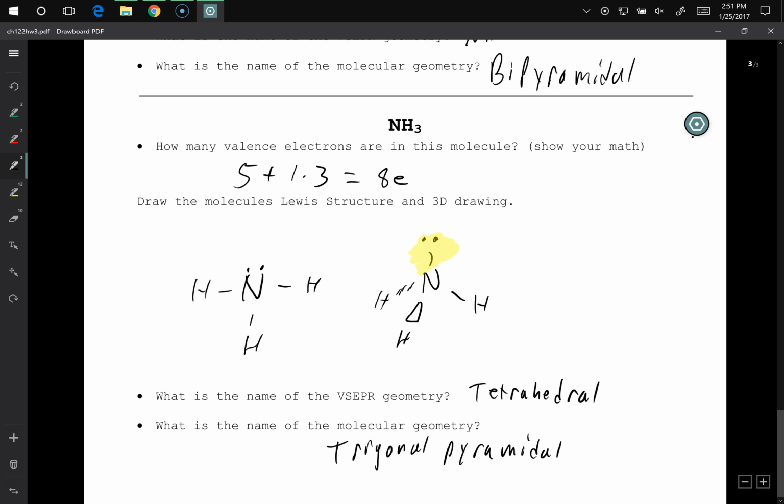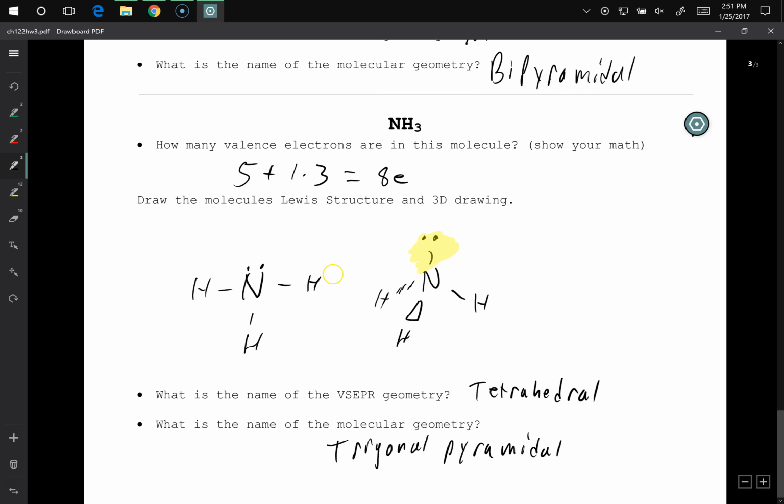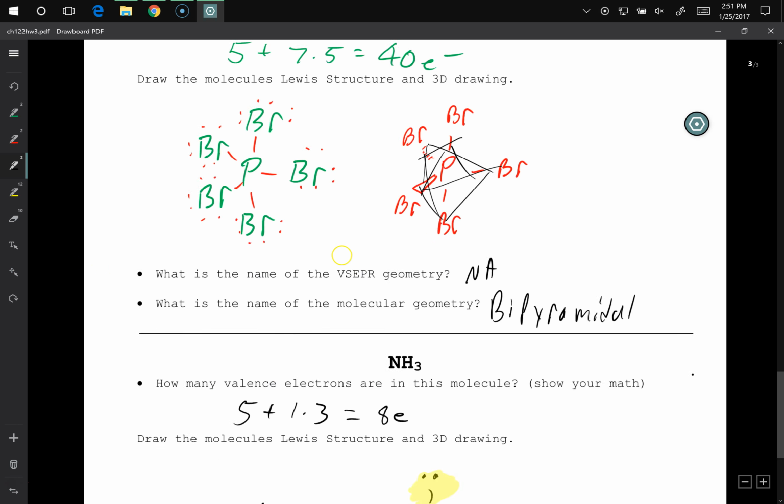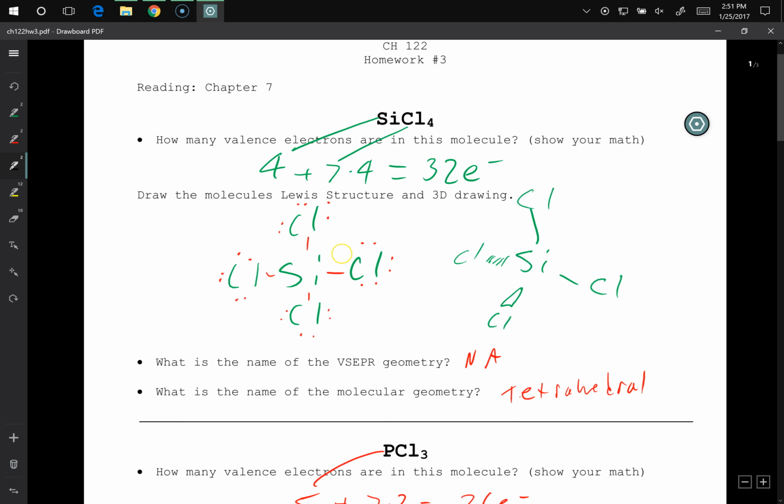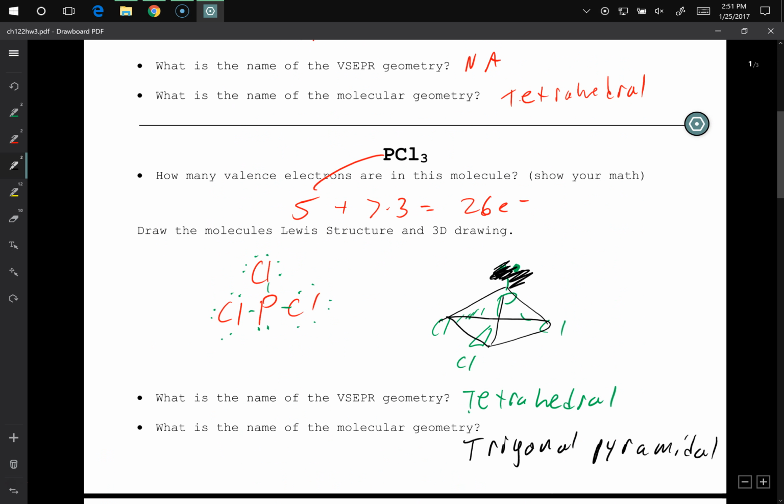We already had a trigonal pyramidal. What is similar about this nitrogen and this PCl3? The what? They are, but what about the atoms is similar? How many bonds is the phosphorus typically making? 3. And the nitrogen? 3. Why?